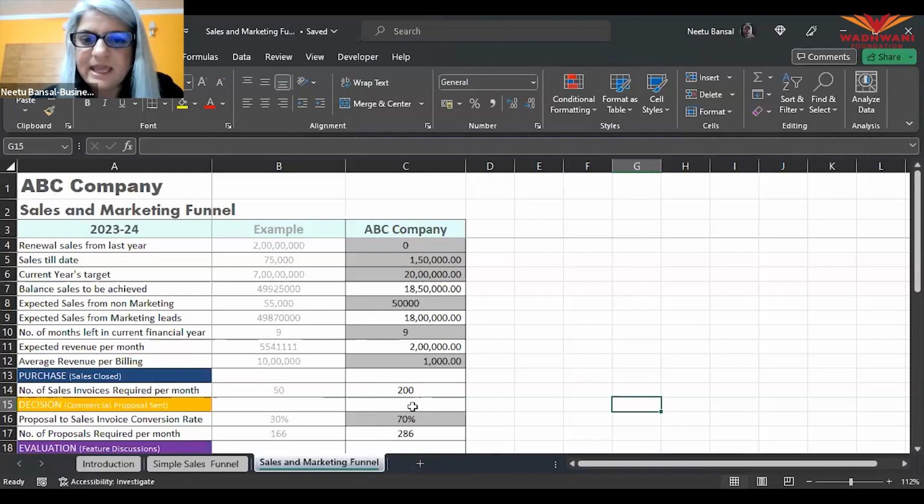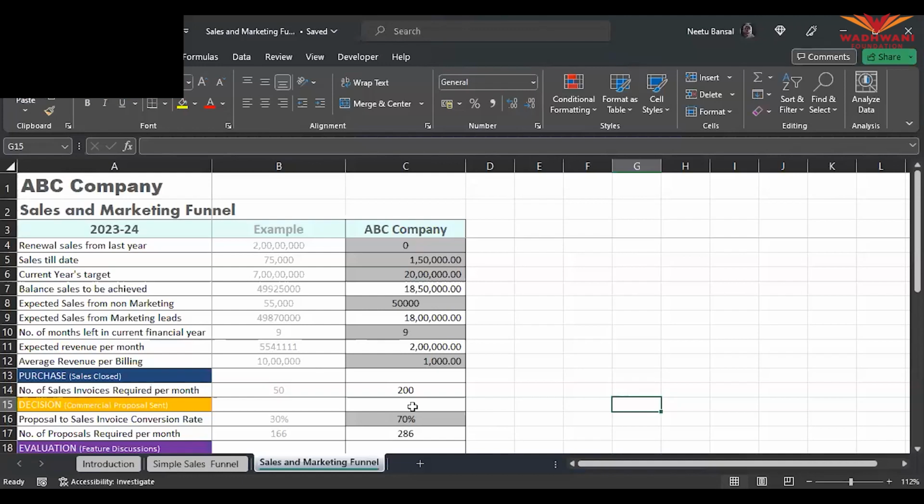If the buying cycles are different, the stages are different, the conversion rates are different, the pricing is different, any of these things is different, I would suggest that you create a sales and marketing funnel for each of these products rather than try to average it out. The power of this tool becomes less if you just average everything out. Thank you for that question, Ram.